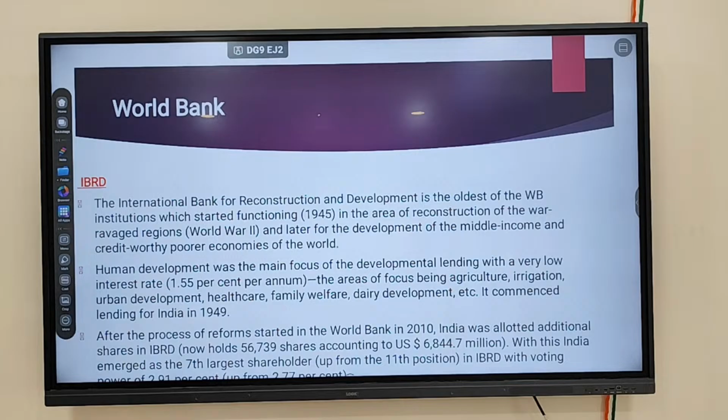All chapters. I mean, from inflation, I didn't conduct the test. Is it, Harsha? Inflation chapter, banking chapter, security market, and this international organization. Tax is there.